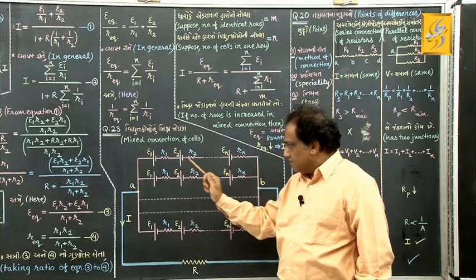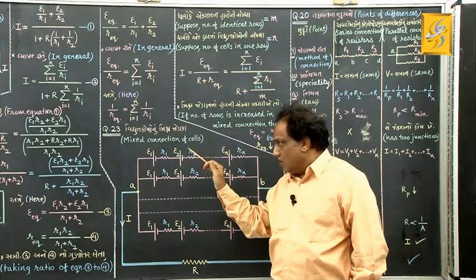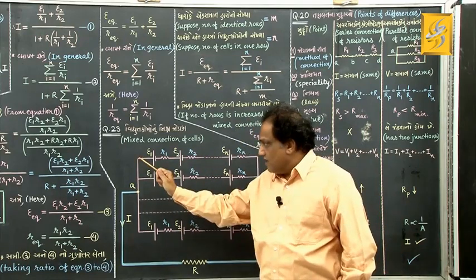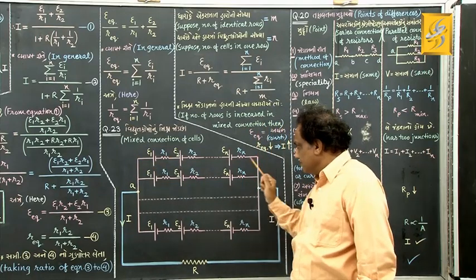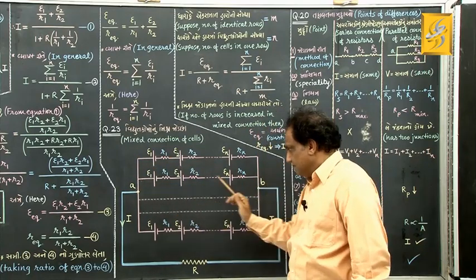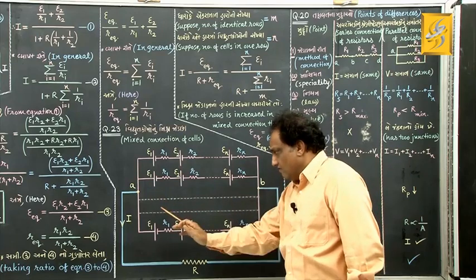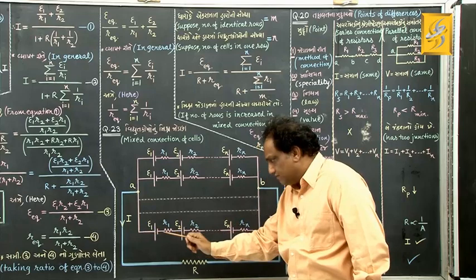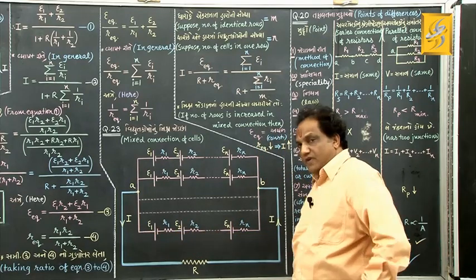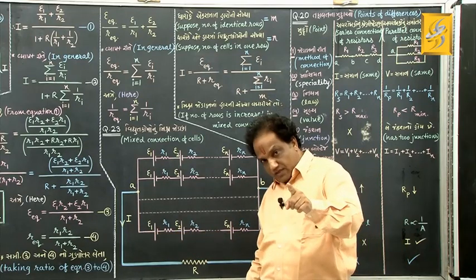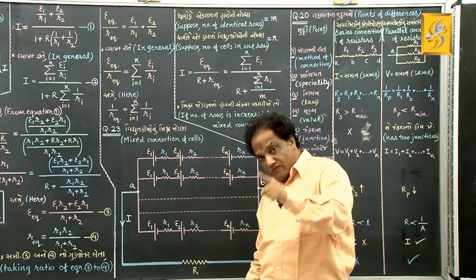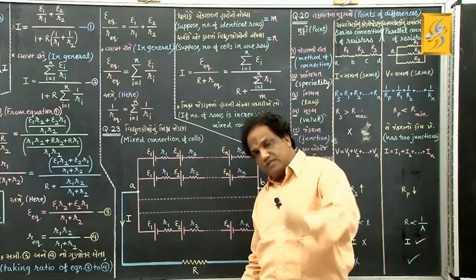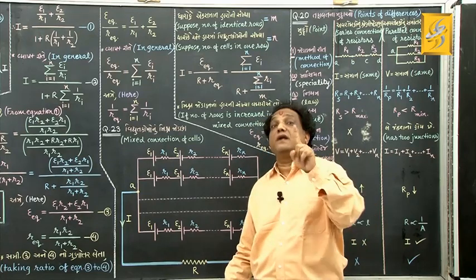Here I have shown some number of identical rows, among which this is first row, this is second row, this is third, fourth, fifth, and so on. Let this be last row, correct? Whether it is told to you or not, remember, in case of mixed connection of electric cells, all the rows are compulsorily identical rows.